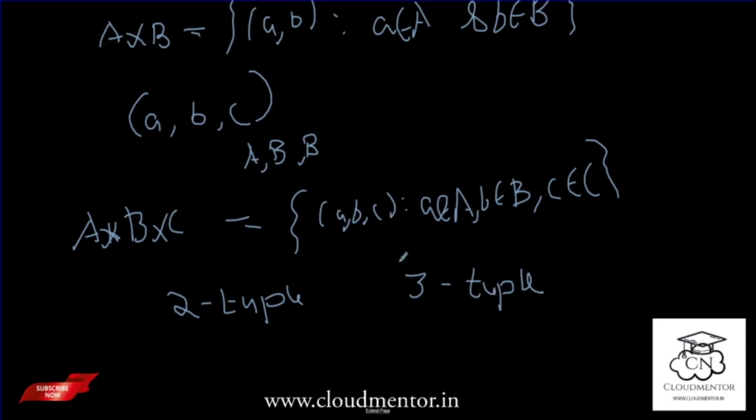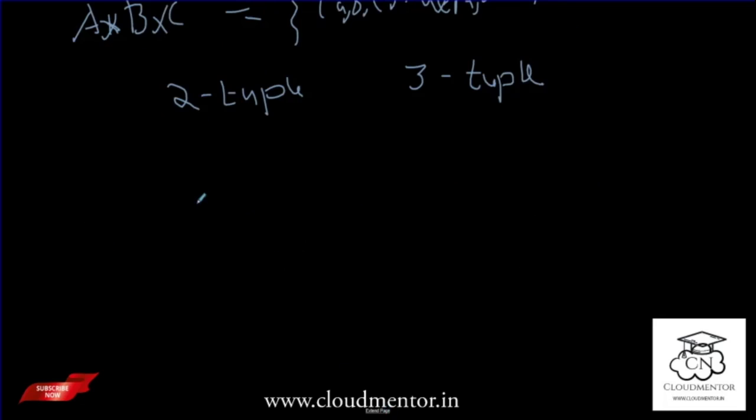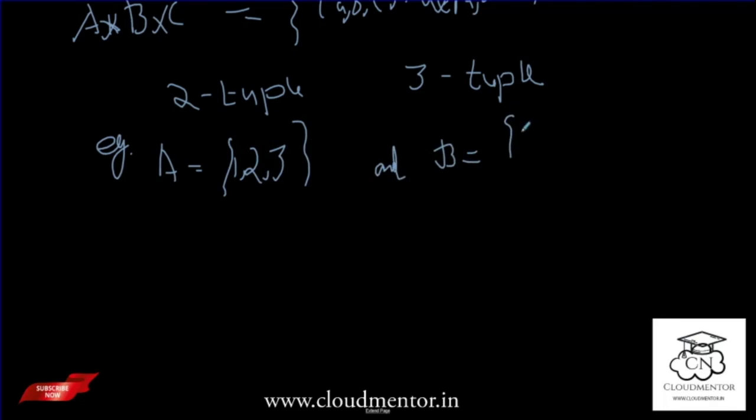For example, let A equal to the set {1, 2, 3}, and set B equal to the set {x, y}.